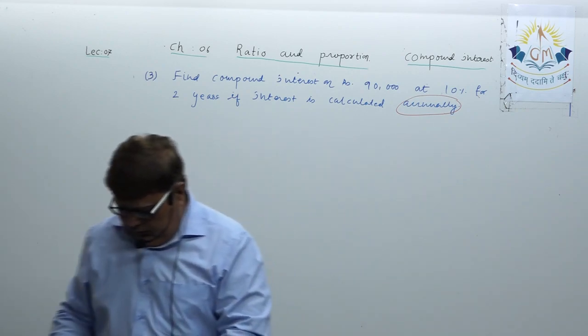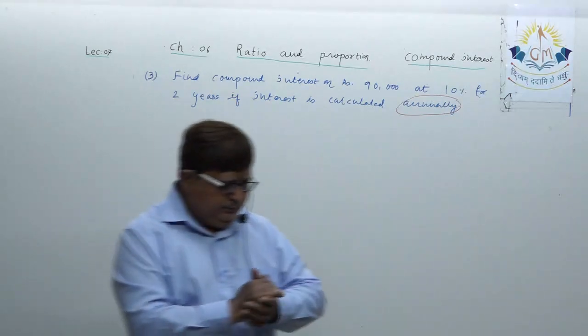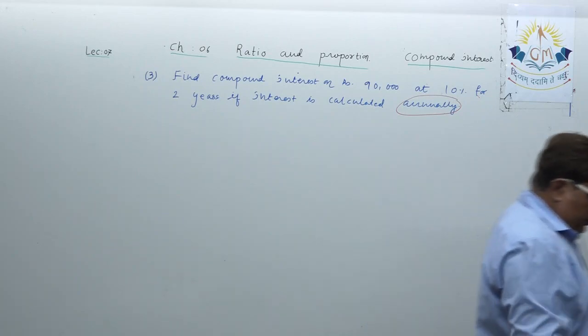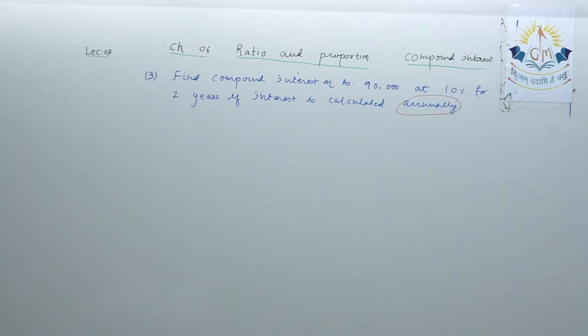Try to solve this example. Okay, read the data. Principal has been given 90,000 rupees. The rate of interest is 10%, and you have to count the interest annually.